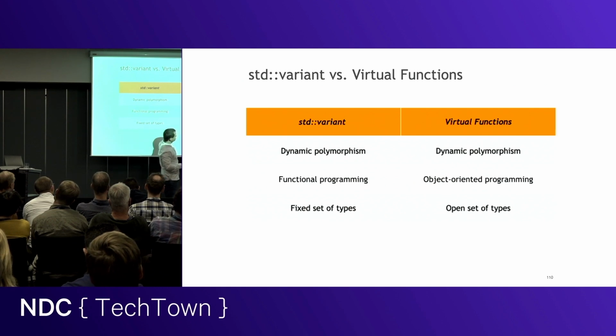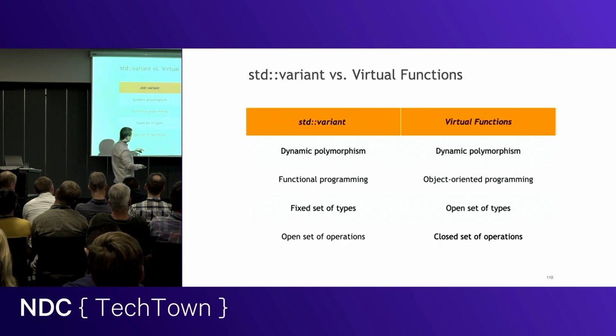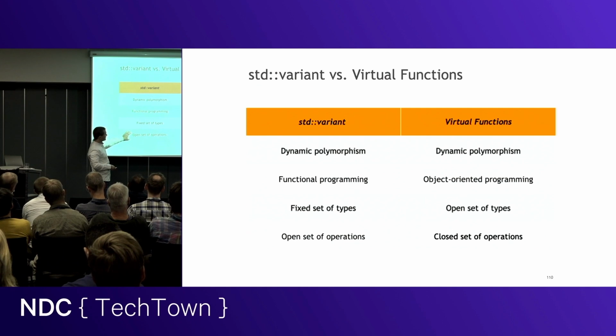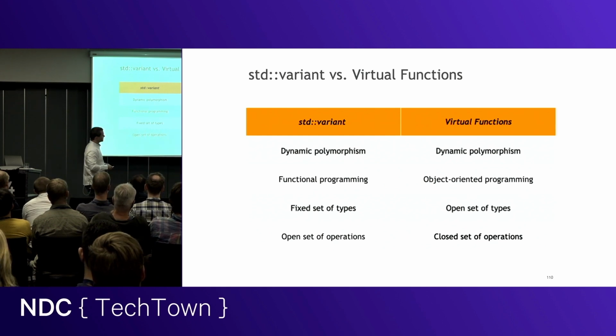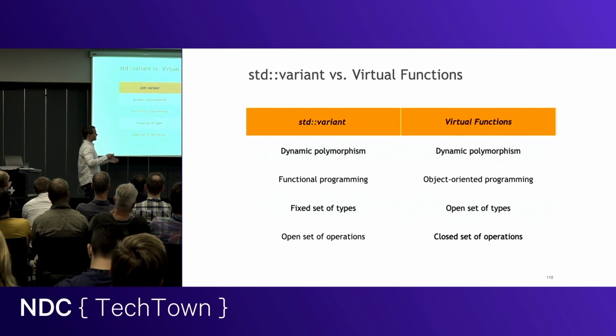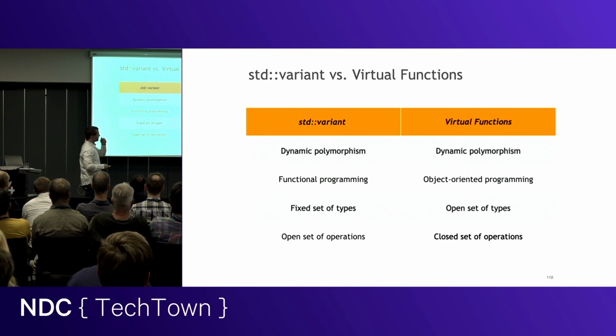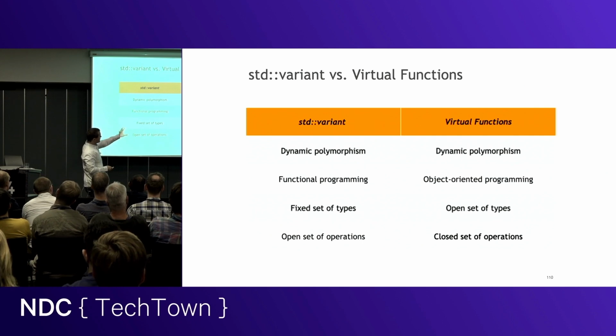But in an object-oriented setting, the idea is to enable an open set of types. With functions, it's just the other way around. With a variant, you can very easily, very conveniently introduce new operations on this fixed set of types. You have an open set of operations. But with virtual functions, you have a closed set of operations. You cannot just add a new virtual function into a base class and nothing else will have to be done. That is a difficult thing to do. And so, you see, it's pretty much the opposite.